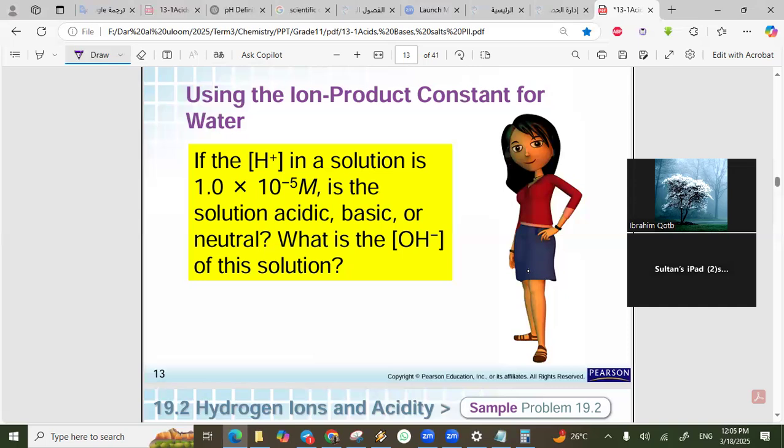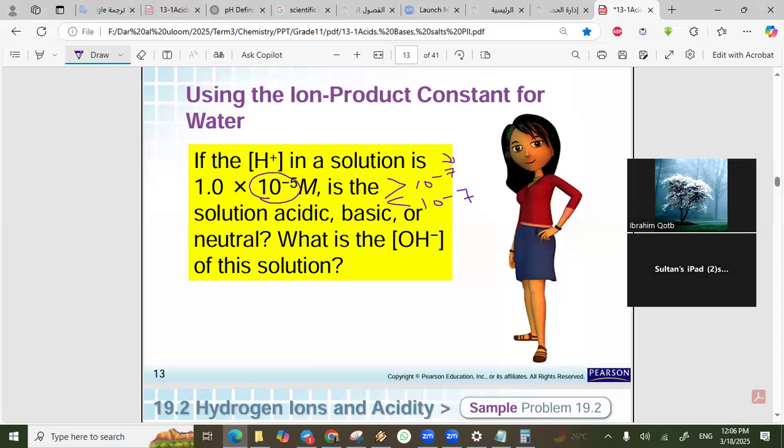Here, H plus is 10 to the power negative 5. Ask yourself, is 10 to the power negative 5 greater than 10 negative 7 or less than 10 negative 7? 10 negative 5 is greater than 10 negative 7, because if we talk about negative numbers, the greater value is smaller. 10 negative 7 is less than 10 negative 5.